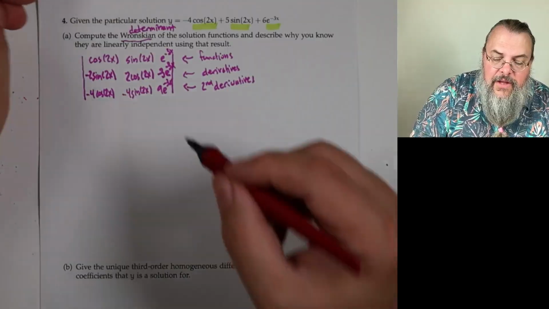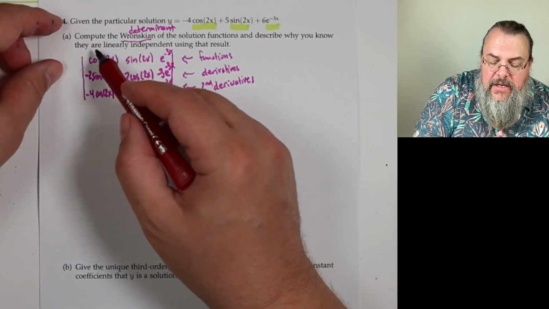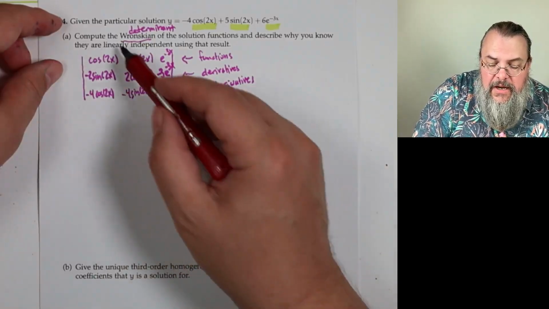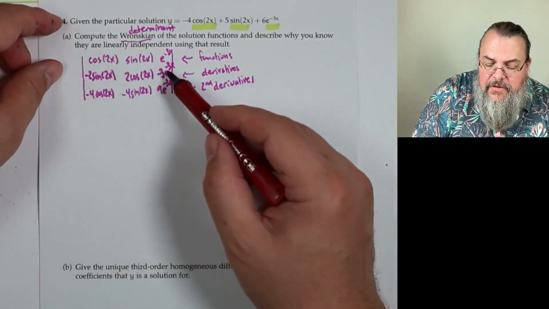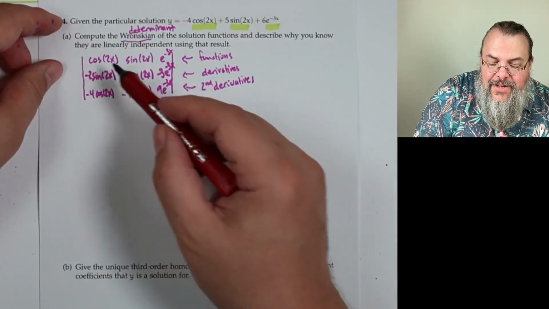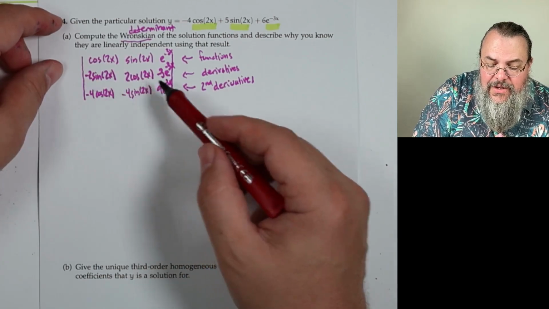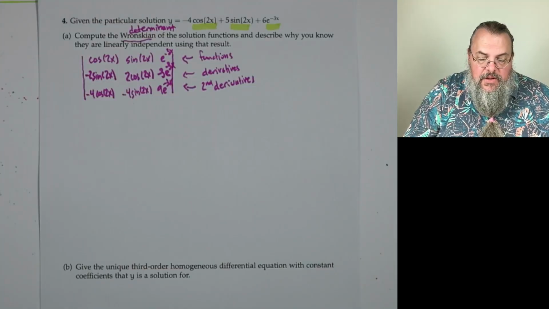So diagonals, how does it work? Well, we're going to go on all the diagonals, and there's 6 of them. So there's 3 going down, and there's 3 going up. Now you might say, well, wait a second, you're out of space. Well, you wrap around. Okay, so cosine 2x, 2 cosine 2x, 9 e to the minus 3x. So I'm going to mark these with some colors here.